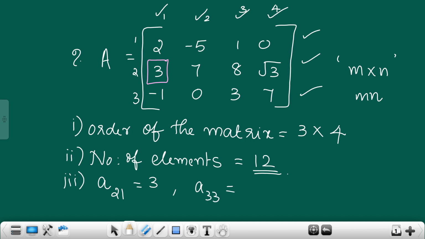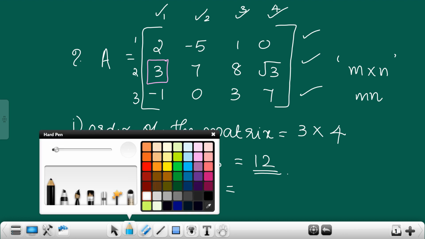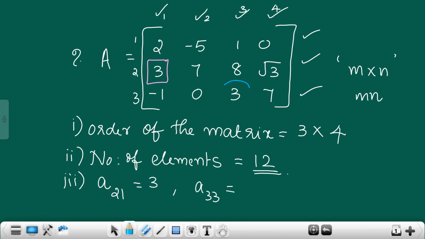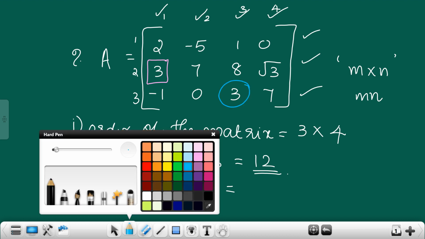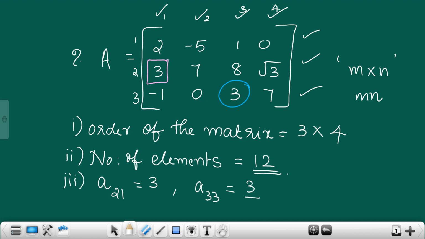Next one, A33. A33 means the element in the position third row and the third column. We can easily write it as 3 as the element. Next, A24.